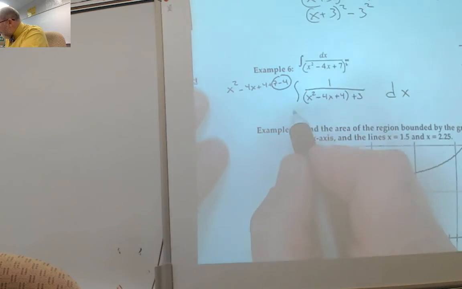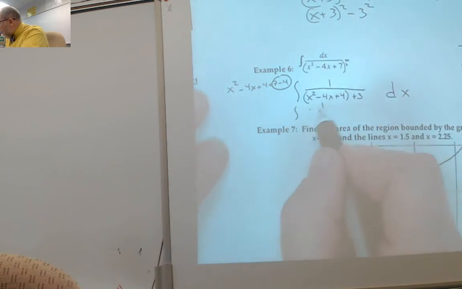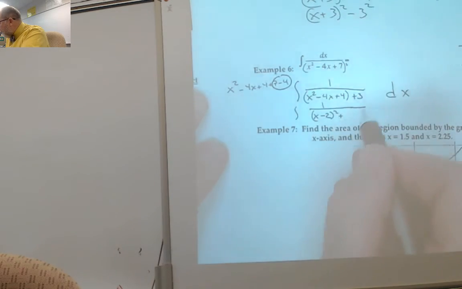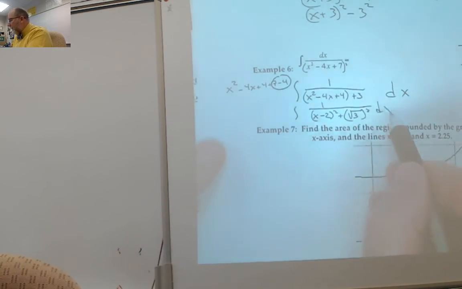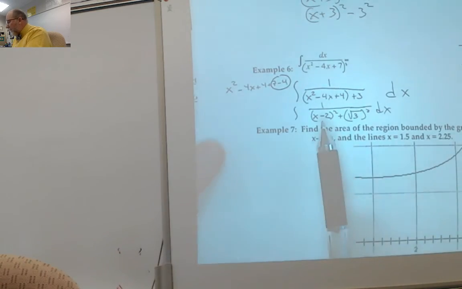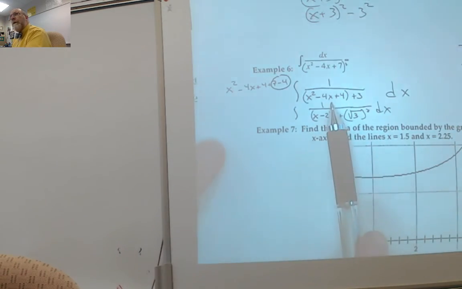And so now I'm going to write this. The integral of 1 over (x minus 2) squared plus the square root of 3 squared dx. Look at this. What is the derivative of x minus 2? It's 1.